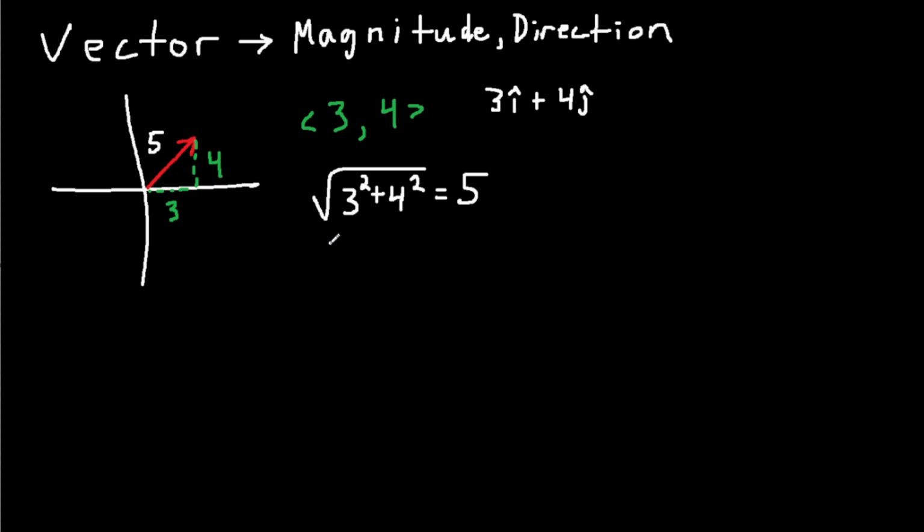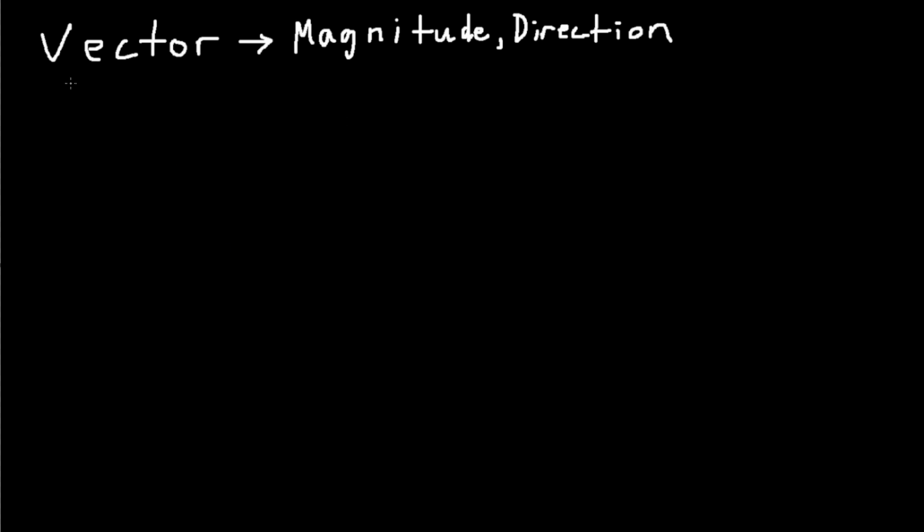Another thing that is cool about vectors is that you can add them. Well, what do you mean by this? Well, let's actually erase all this. Let's give you a vector, let's say 5, 8. And also another vector, 10, 3.